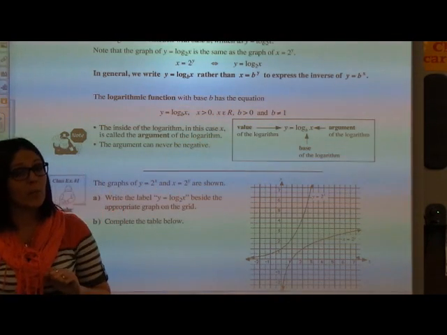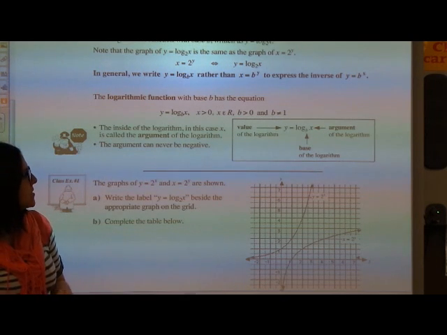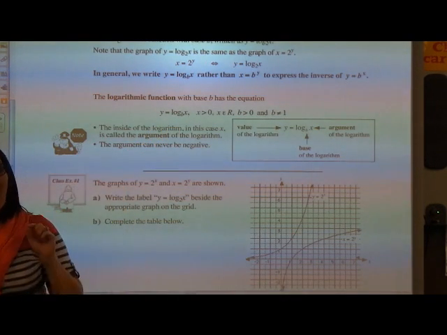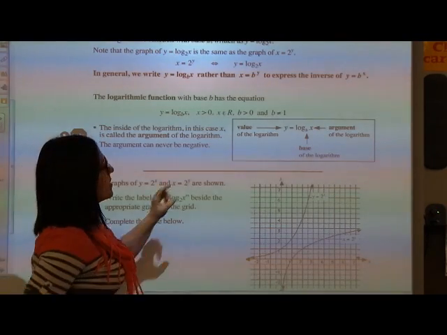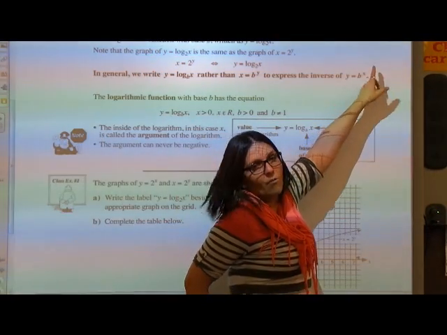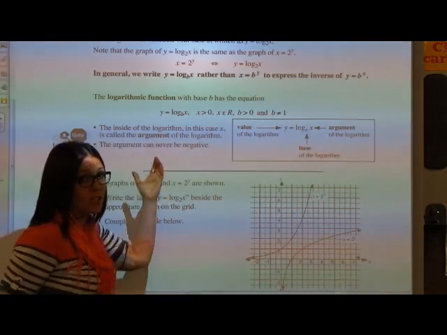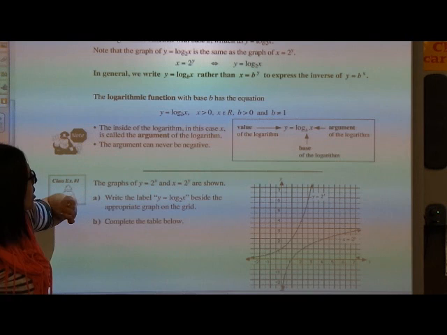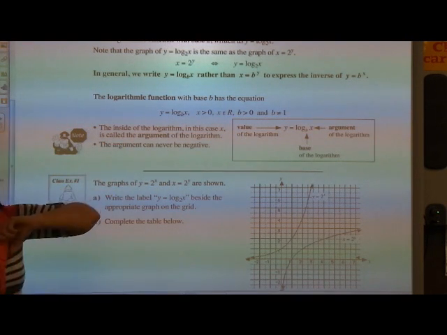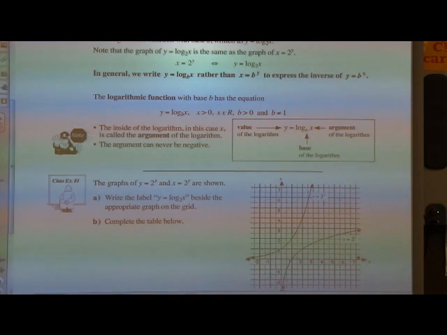It can be a real number, as long as it's greater than 0. The base has to be a number greater than 0 and not equal to 1. Because remember, if it's equal to 1, I'm going to have 1 to the power of x, which is just a constant function anyways. The inside of the logarithm is called the argument, and the argument can never be negative.